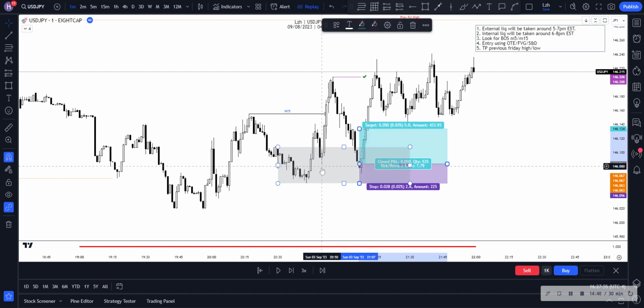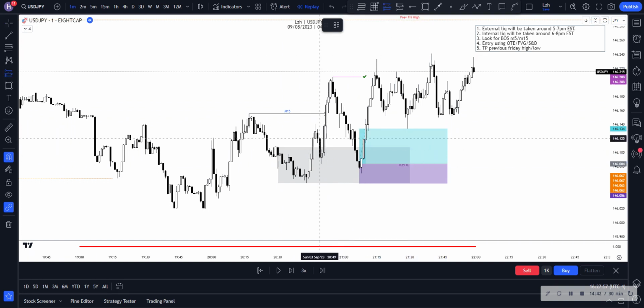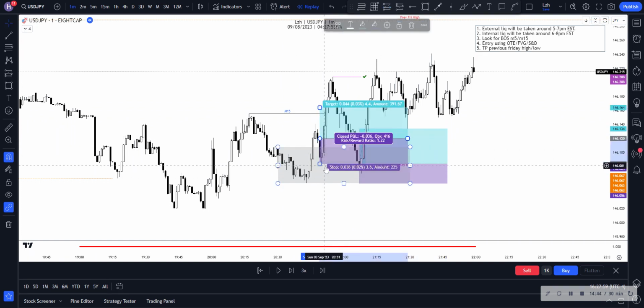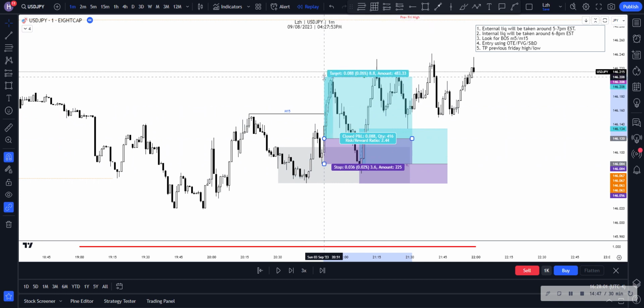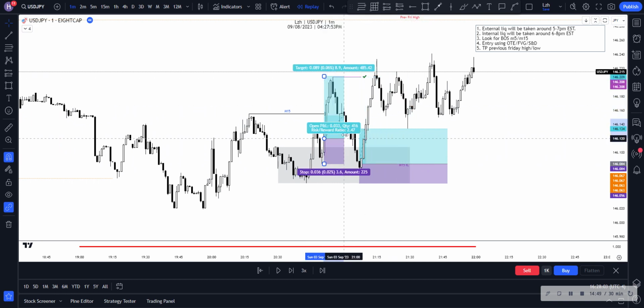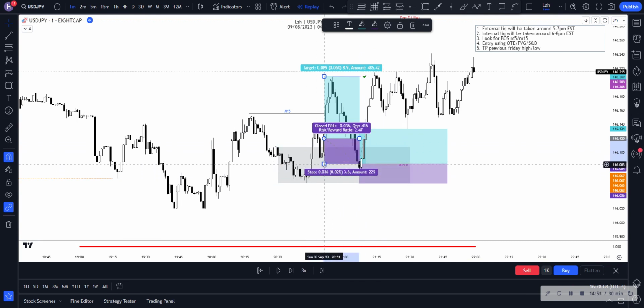People think that longing here will be the key, but more often than not they will be stopped out, because this first entry is usually just the mitigation.